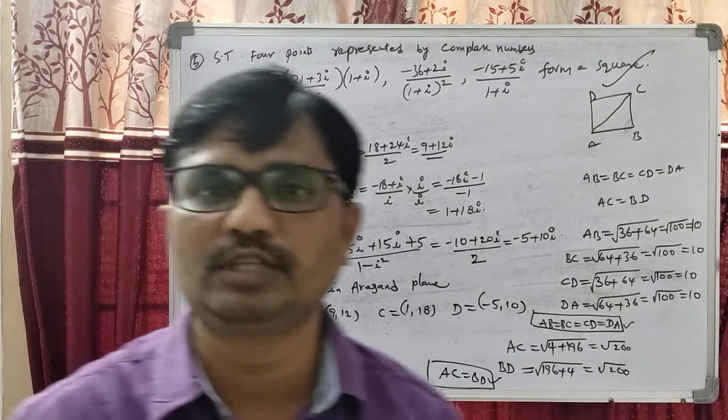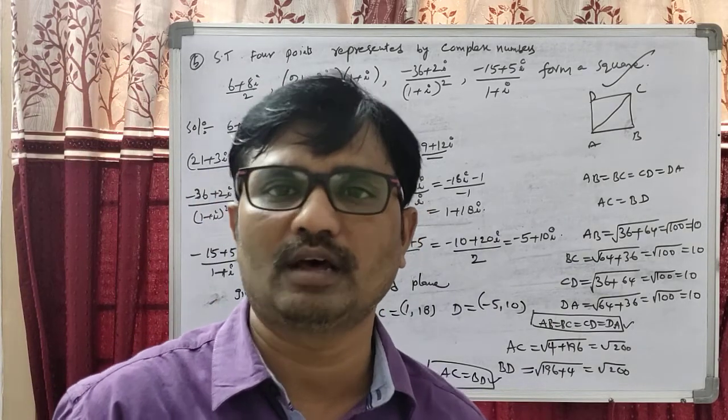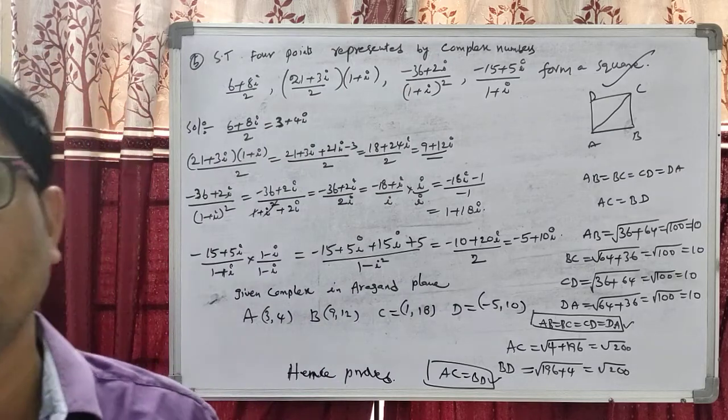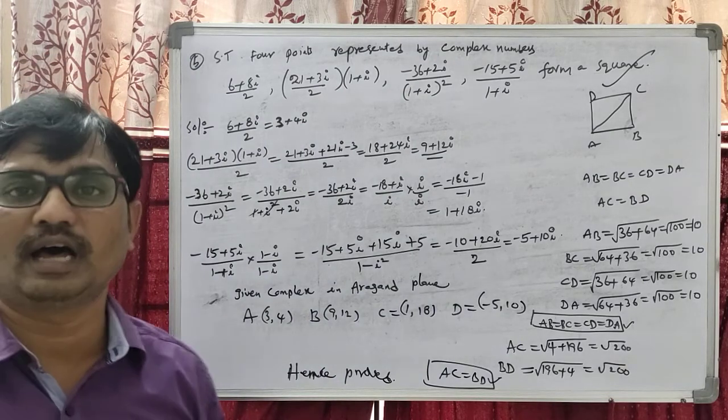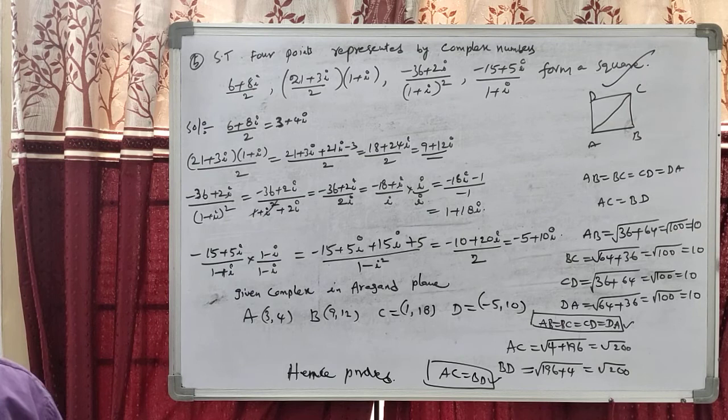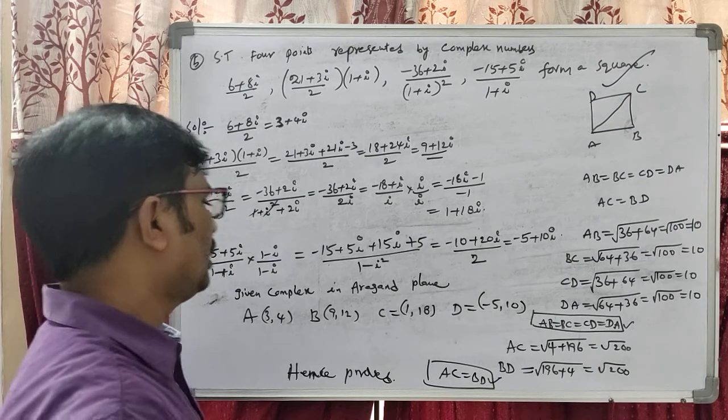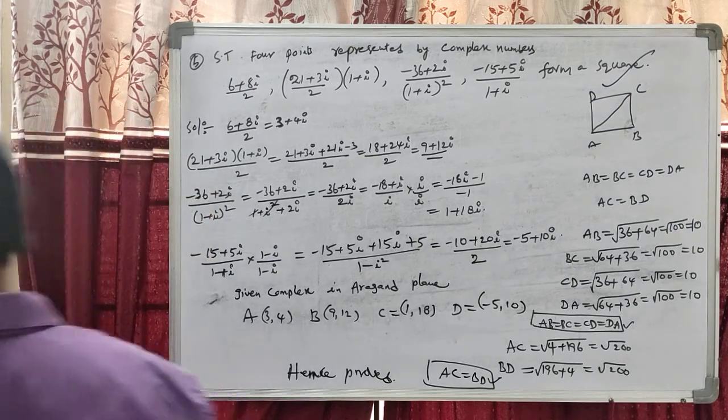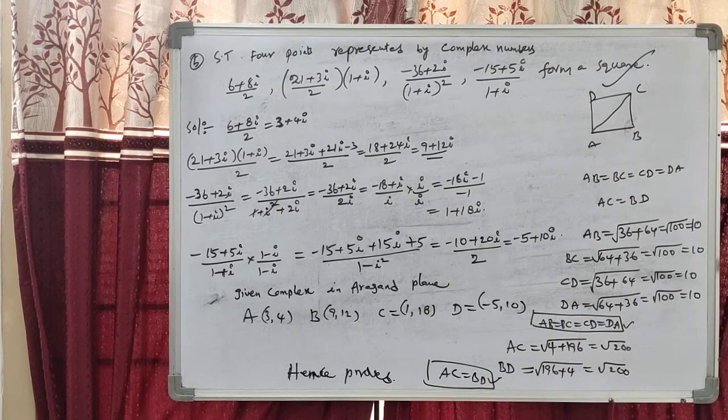When you observe the given complex numbers are in the a plus ib form, they can be shown in the Argand diagram or the Argand plane.